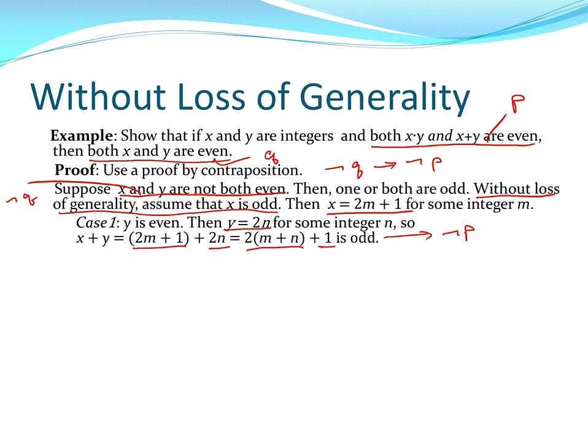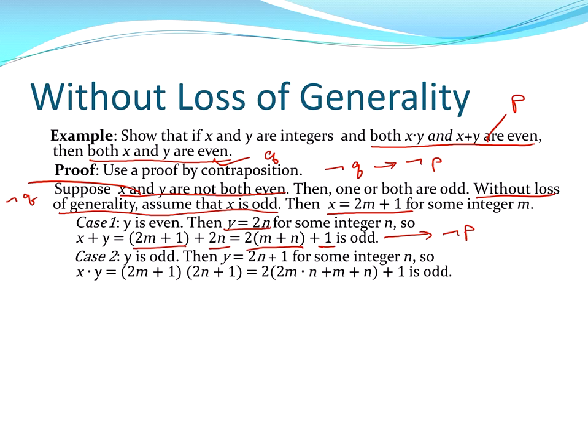What if y is odd? If y is odd, then we can substitute 2n plus 1 for y, for an integer n, using the definition of odd. And this time we're going to check the product. So 2m plus 1 is x, 2n plus 1 is y.